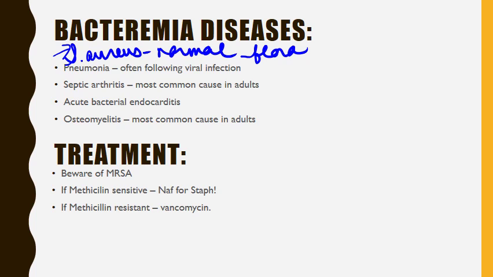But if you damage those cells, then Strep pneumo goes into the lung, Staph aureus goes into the lung, and now you have pneumonia. So it's really associated with some sort of predisposing condition, specifically viral infection is the most common.